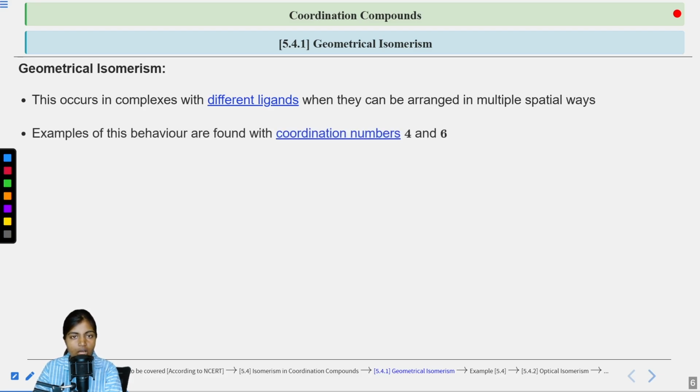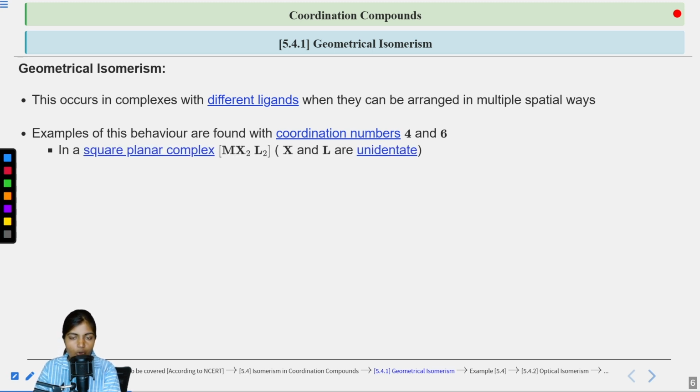Examples of this behavior are found with coordination numbers 4 and 6. So in complexes having coordination number 4 and 6, we see this geometrical isomerism.